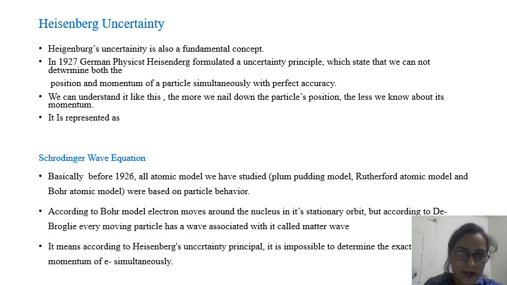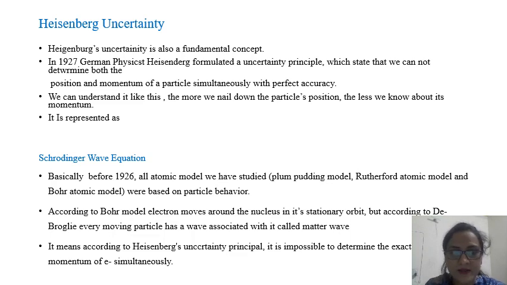In 1927, German physicist Heisenberg formulated the uncertainty principle, which stated that we cannot determine both the position and momentum of a particle simultaneously with perfect accuracy.